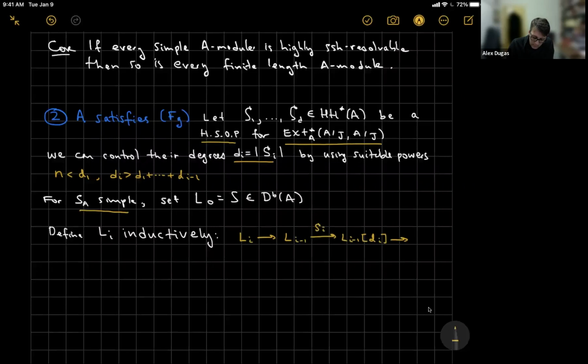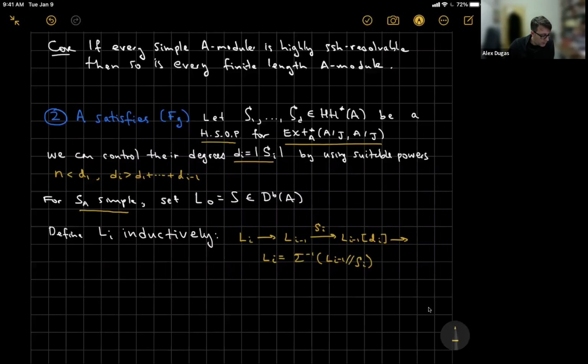So this is a triangle. Another way of describing this is that Li is the desuspension of this cone object induced by zeta i.